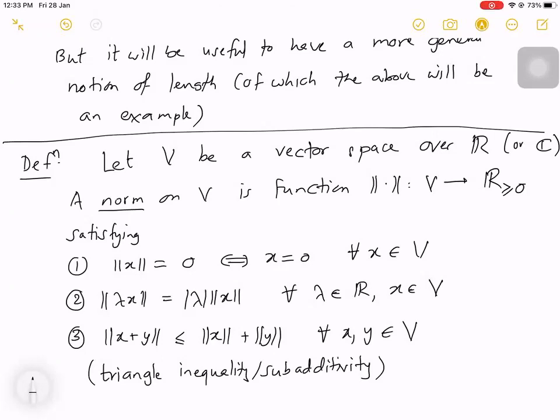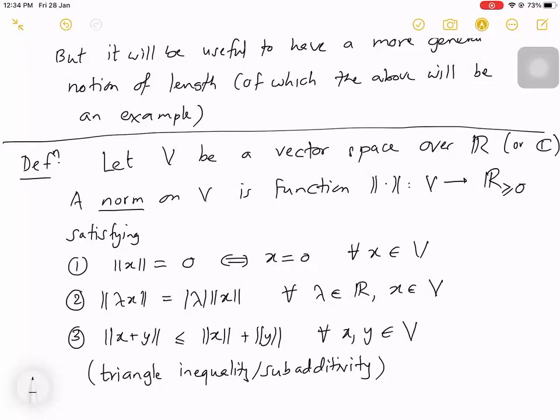I want to do estimation with this analysis, so there needs to be a magnitude. Length is always a real number, but I allow myself to scale by a complex number. And so the absolute value of lambda in that case will be the usual complex magnitude. So let's do it this way.